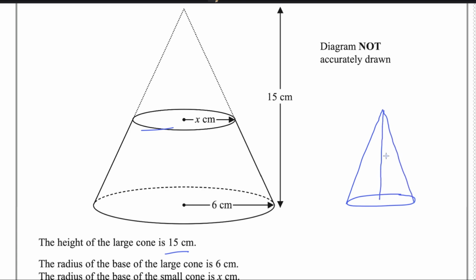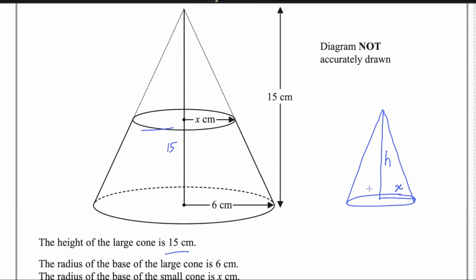Let's say this is h. This is not given, and the radius of the small cone is given, that is x. The height of the big cone is given, that is 15. It is written here.